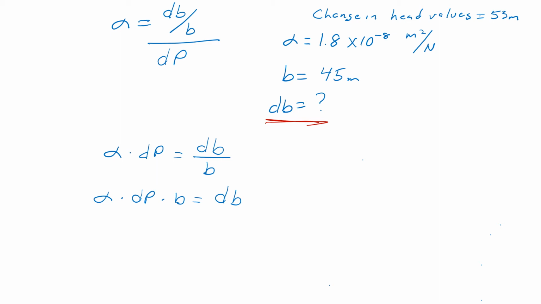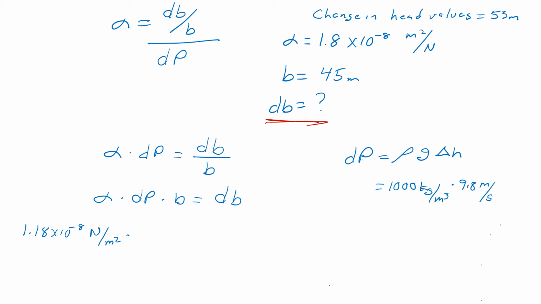We have our compressibility value, 1.8 times 10 to the minus 8 meters squared per Newton. Our change in pressure, remember this value right here from our previous page of notes, is the density times gravity times the change in head value, which is 1,000 kilograms per meter cubed times 9.8 meters per second squared.